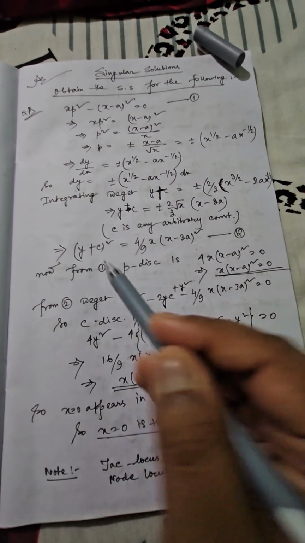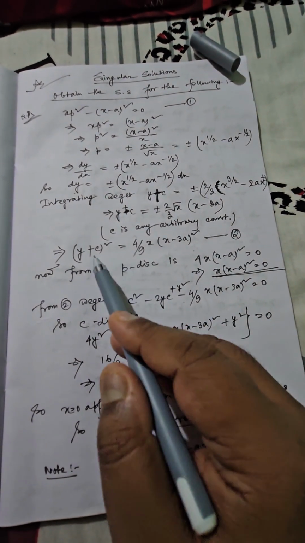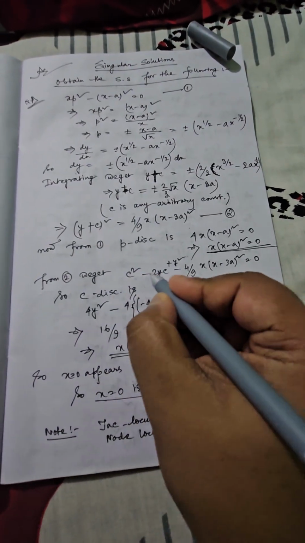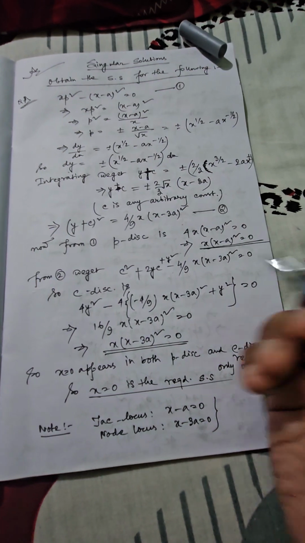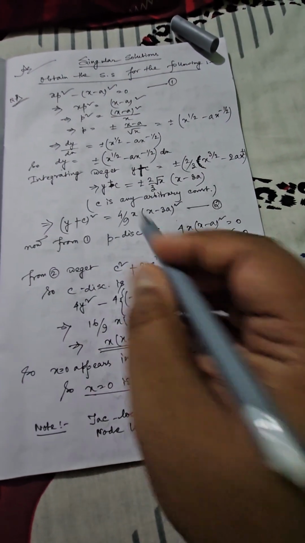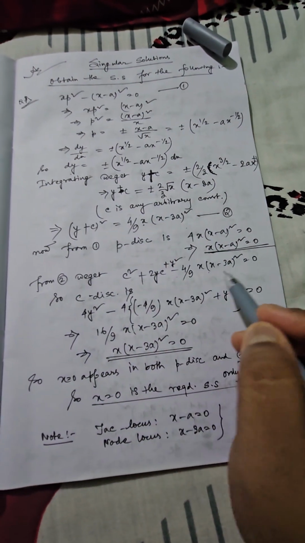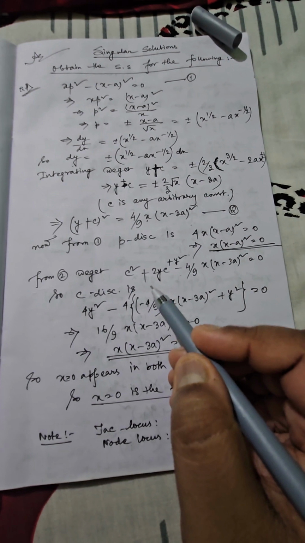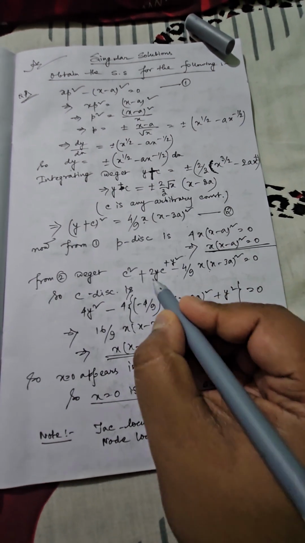Now similarly, from equation 2, (y + c)² can be rewritten as c² + 2cy + y² − (4/9)x(x − 3a)². So the c discriminant relation can be obtained as follows.